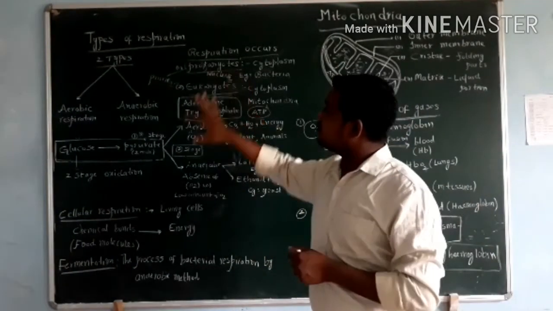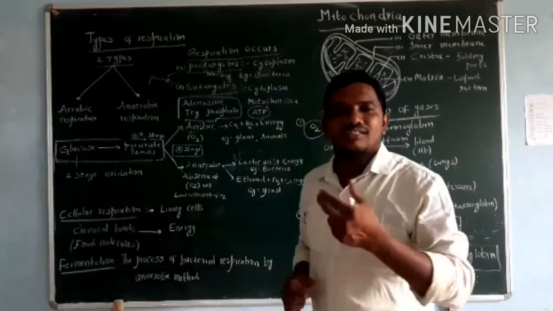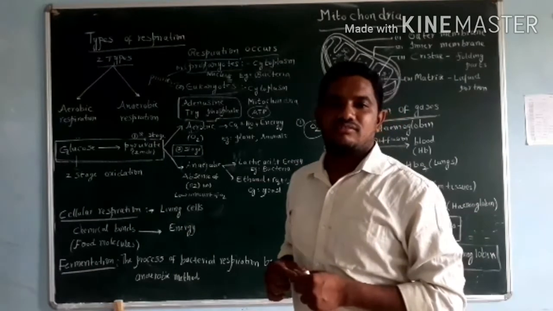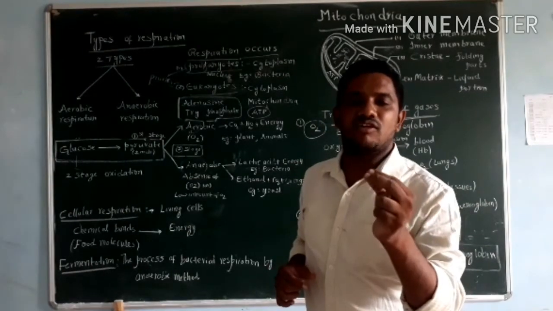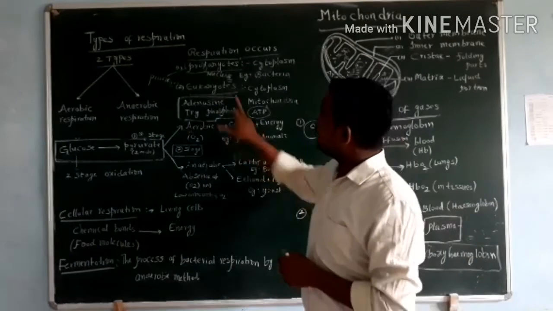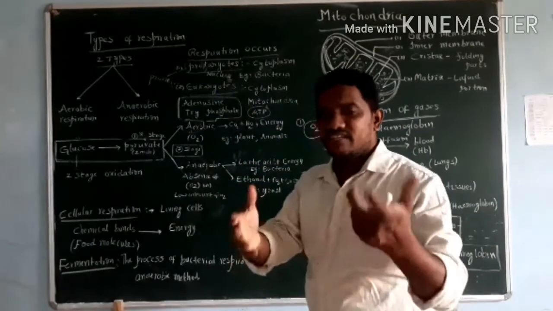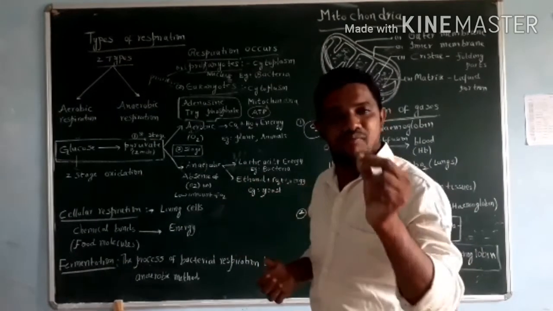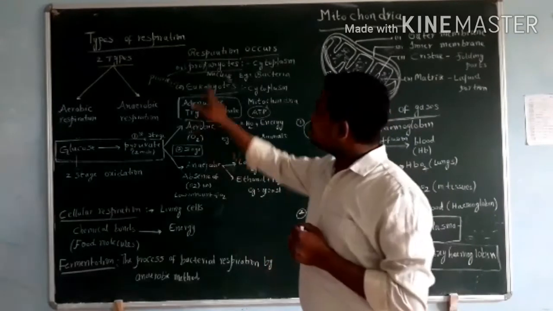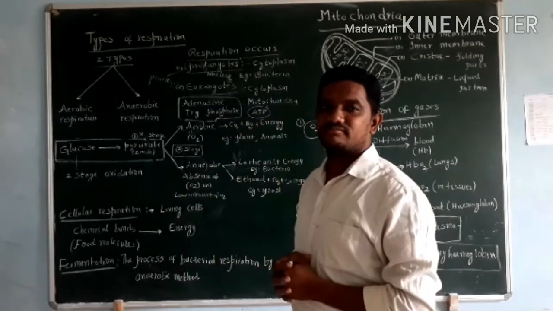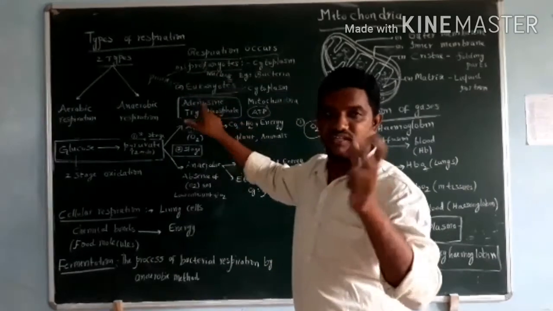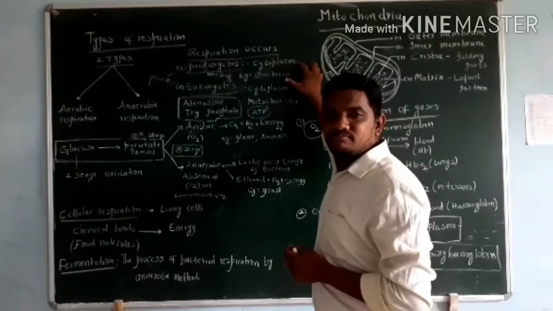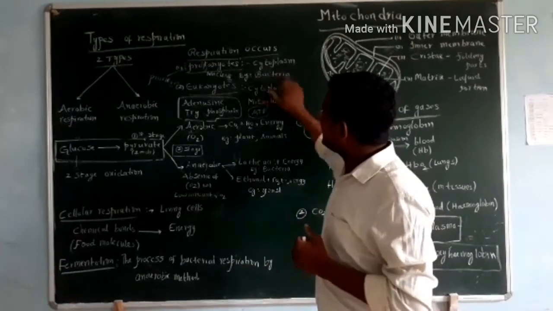So here prokaryotes means the organisms do not have a well-developed nucleus. Simply we can say there is no well-development of nucleus. Such types of organisms are called prokaryotes. Pro means primitive, karyon means nucleus. For example, bacteria. Prokaryote examples are bacteria.